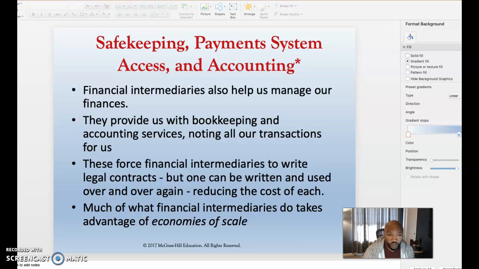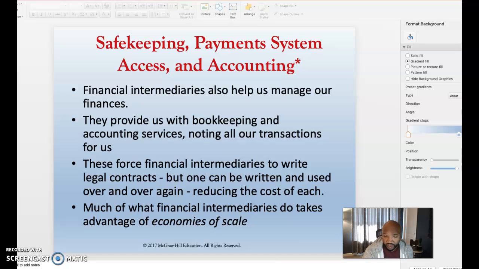We keep talking about costs, and there are costs associated with the legal contracts in a financial account or financial transaction, and financial intermediaries save money by economies of scale.